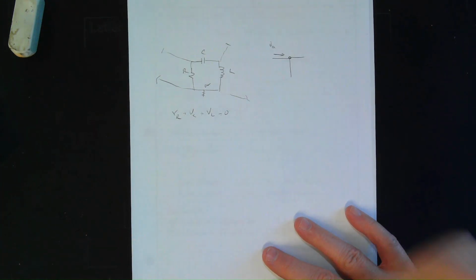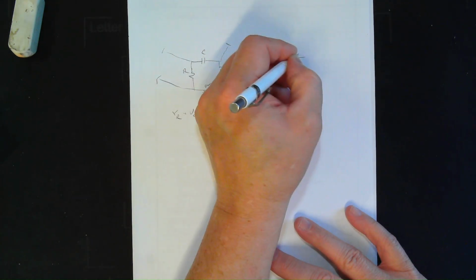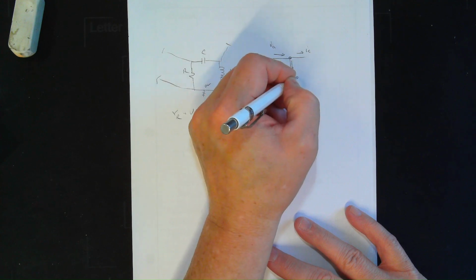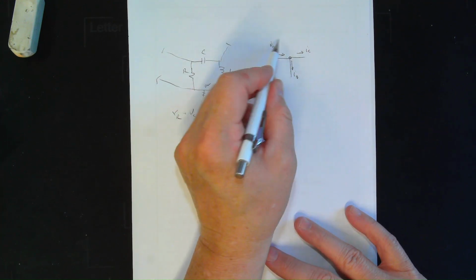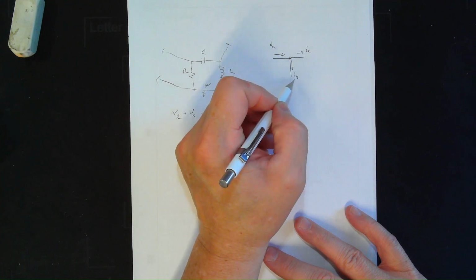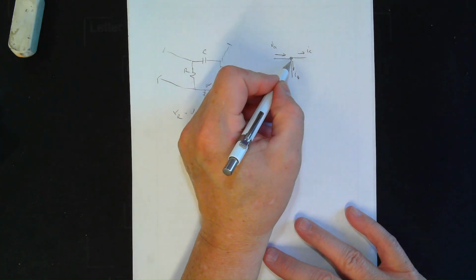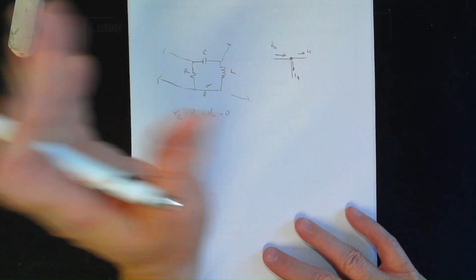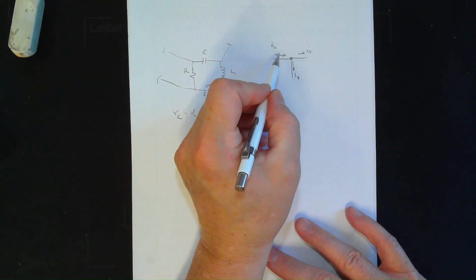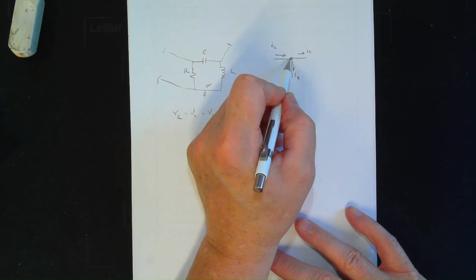And then I'll assume there's current going out, IB, and current going out, IC. The sum of all the currents here coming in and going out must equal 0. It's that simple. Within the node, you can't be storing current or dumping it. All the currents at this node must sum to 0.